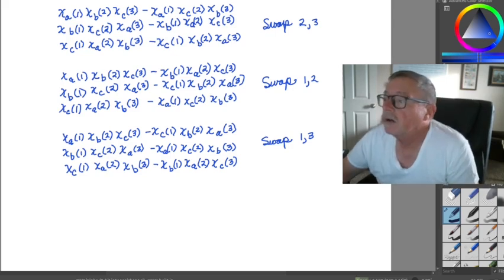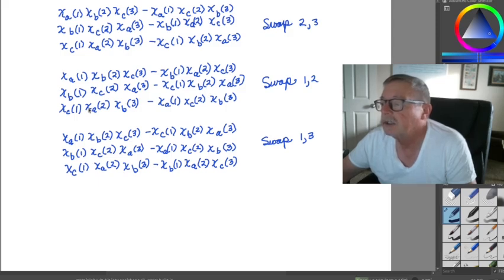Okay, here we are. From the last page, this was swap 2 and 3, and notice that the 1 remains the same, but 2 and 3 are swapped. Now, if we take these same terms, but pair them up differently, then for swap 1 and 2, you notice that the electron 3 doesn't change, but the 1 and 2 get reversed.